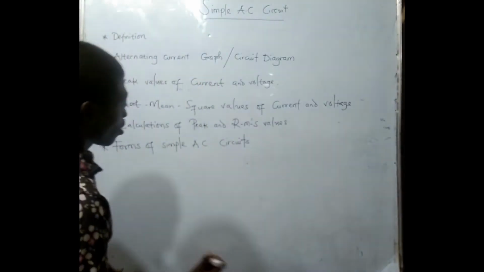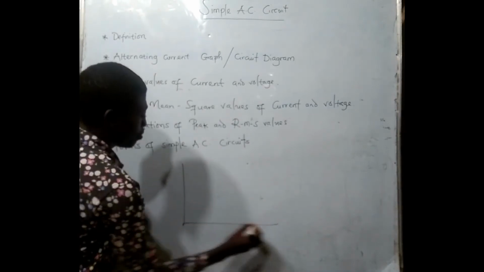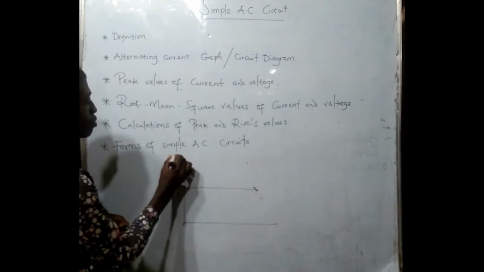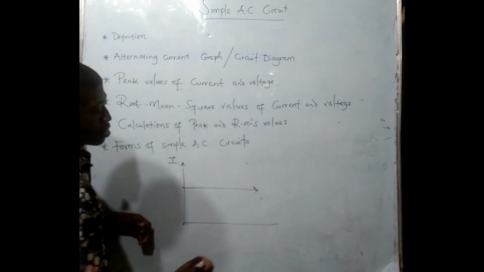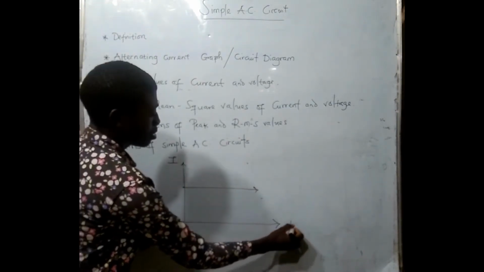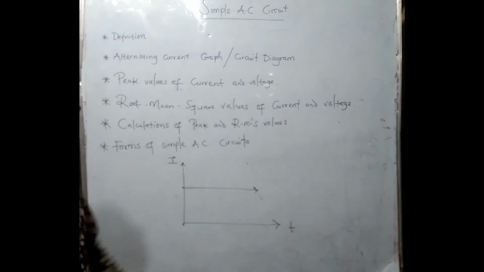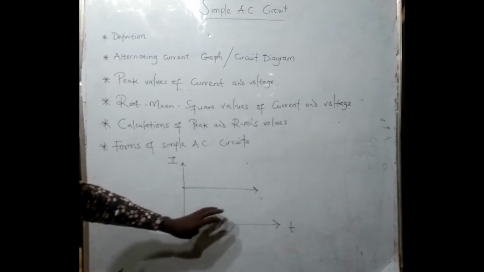Direct current is such a current that flows just in a single direction, such that when you have your current plotted against time, the current flows just in a single direction. This is for direct current.